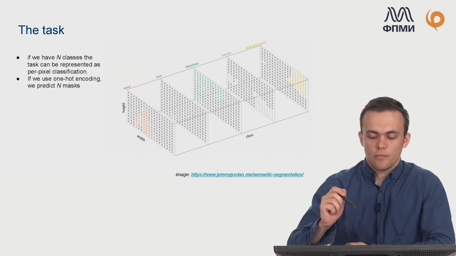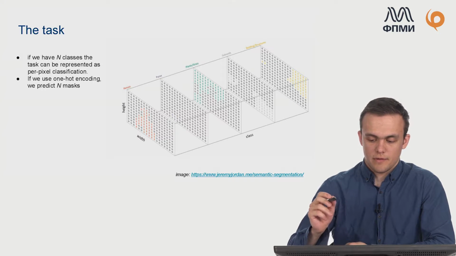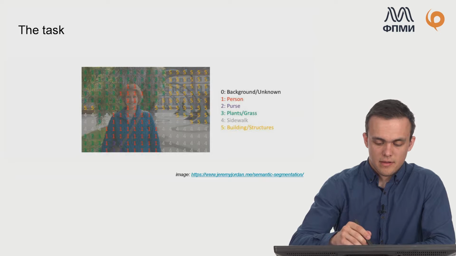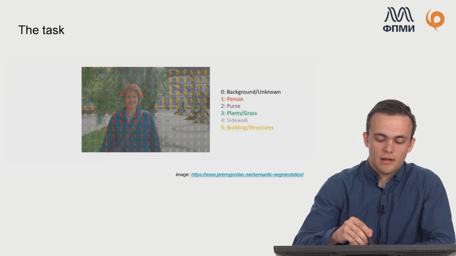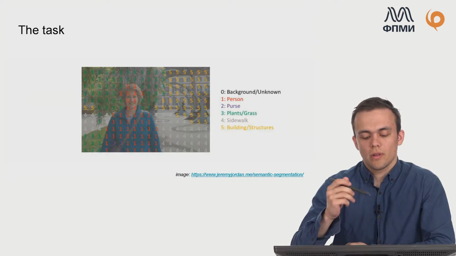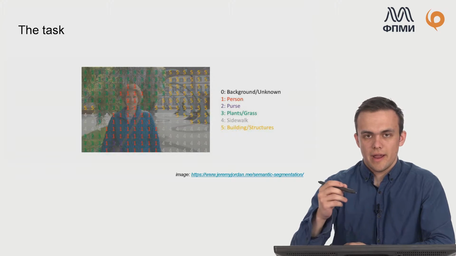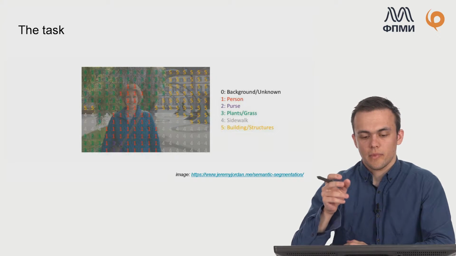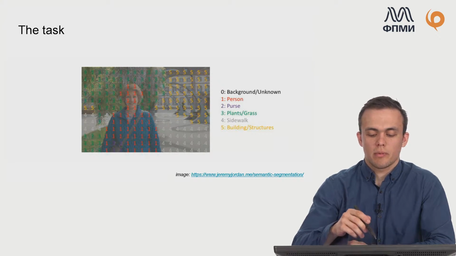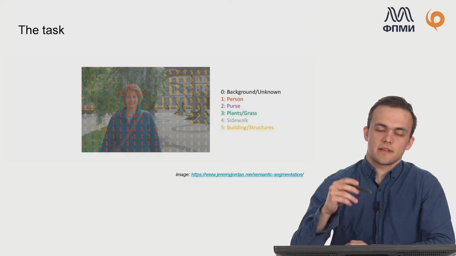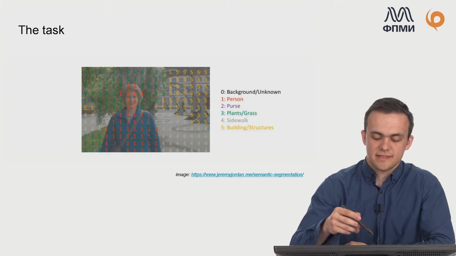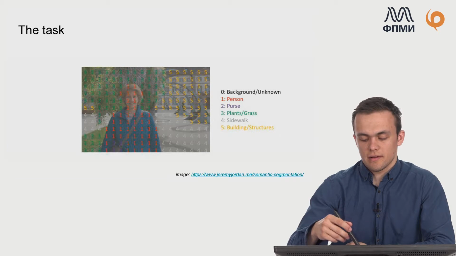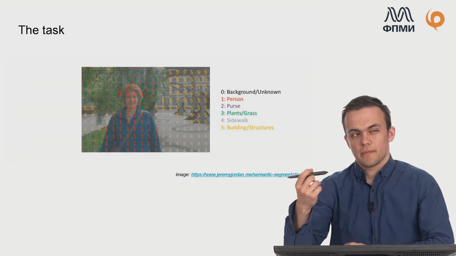For example, for a classification like this pixel, the neural network will output an array of numbers that will correspond to the probability that there is a person, or that there is grass, or, for example, a pavement or building.